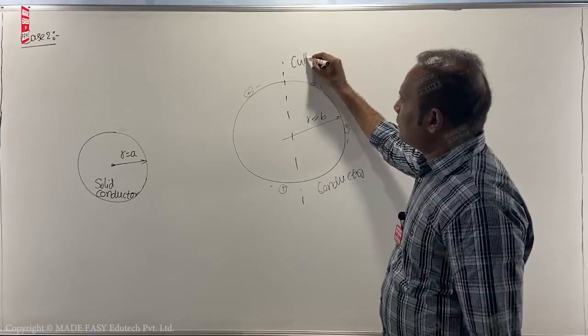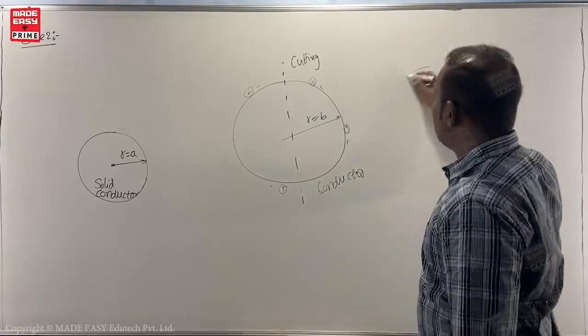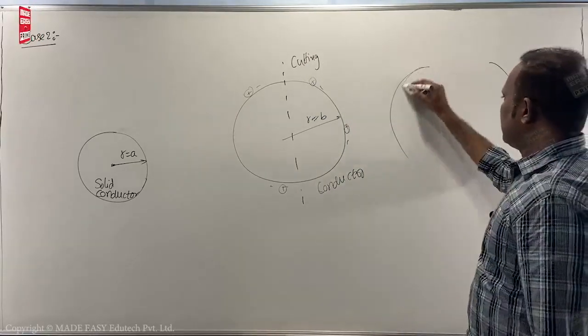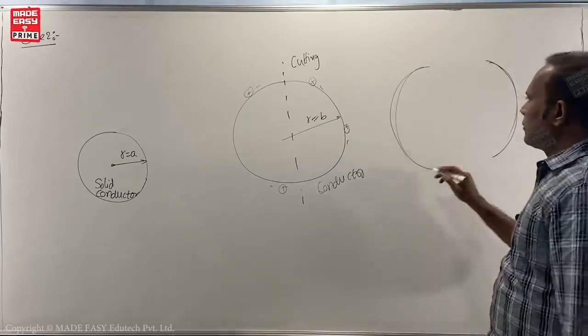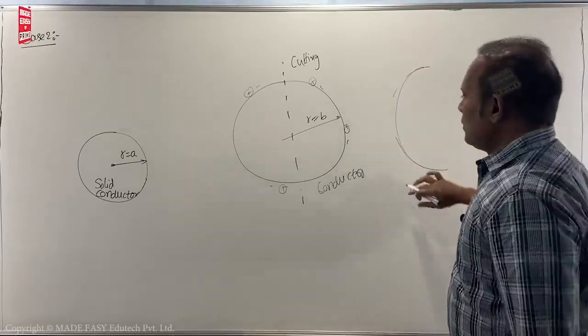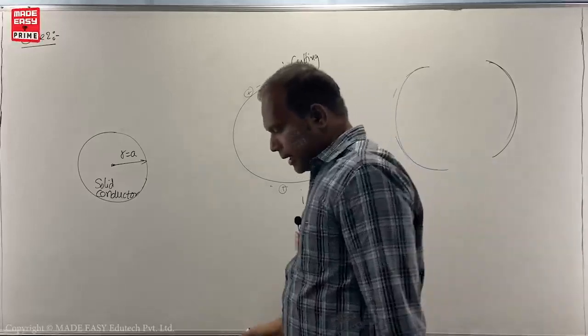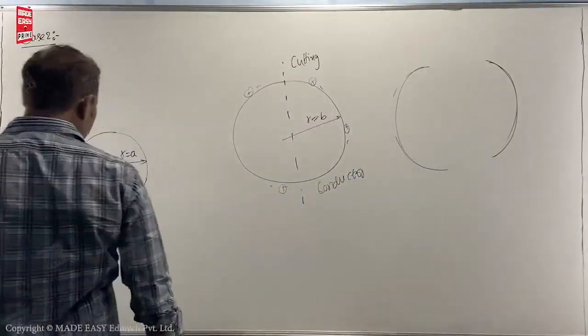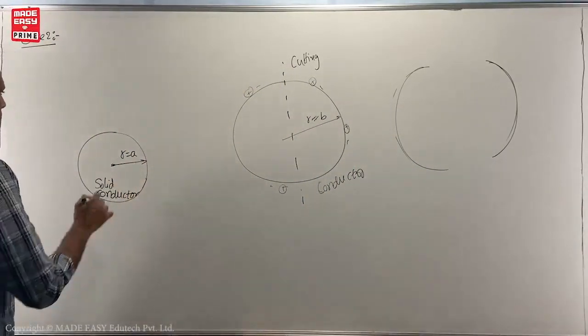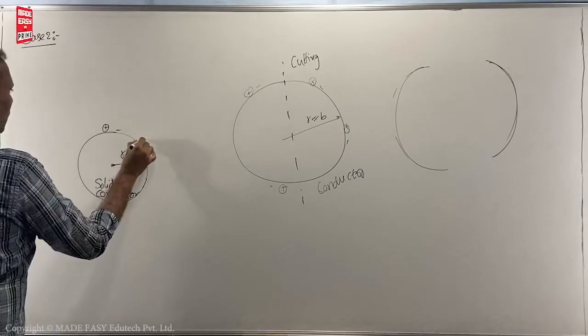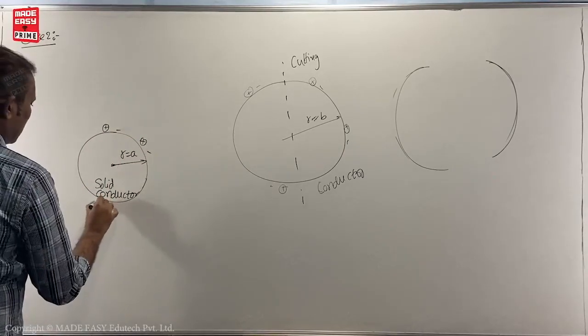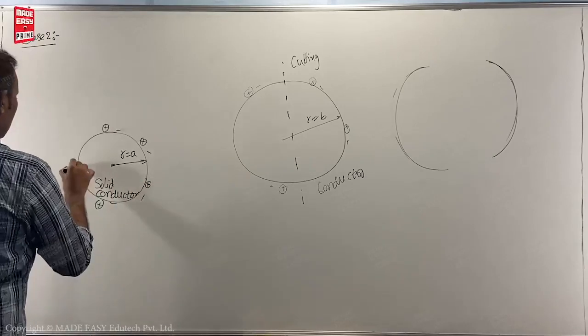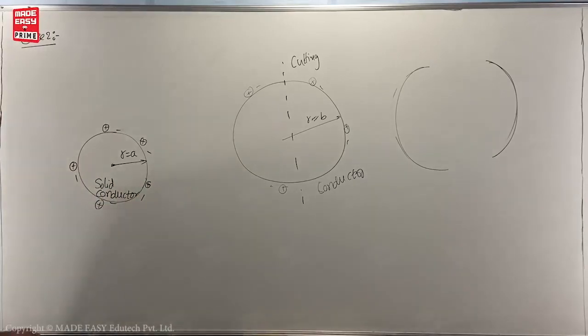After cutting, it becomes two halves, like this and like this. This is also neutral. It is having positive ion, negative, like this, positive, negative. This is also neutral. That is also neutral.